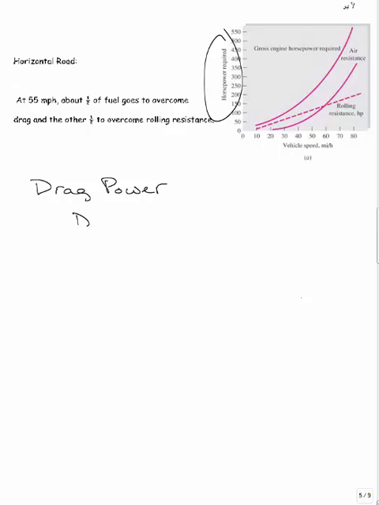So our drag power is drag times velocity. And if you plug in for drag, that's 1/2 rho v squared CdA times velocity. So now you have a velocity cubed in there, and you can see why this line increases so fast as you get up to higher speeds.